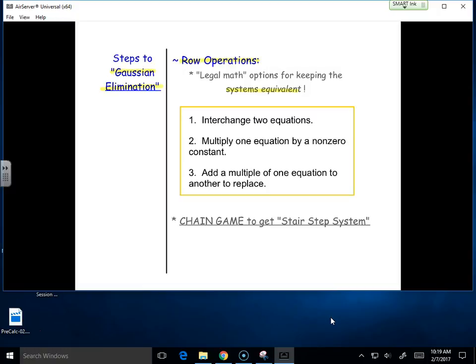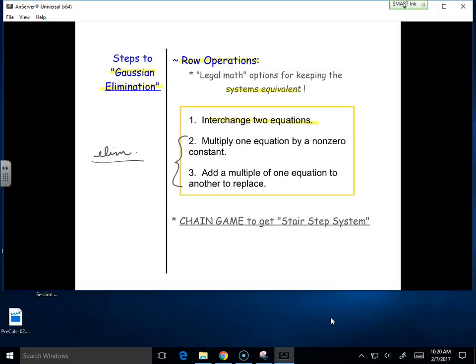Okay, so I'm going to highlight a couple things. First, we can interchange equations if it's helpful. Second, otherwise we're basically doing elimination. There you go.